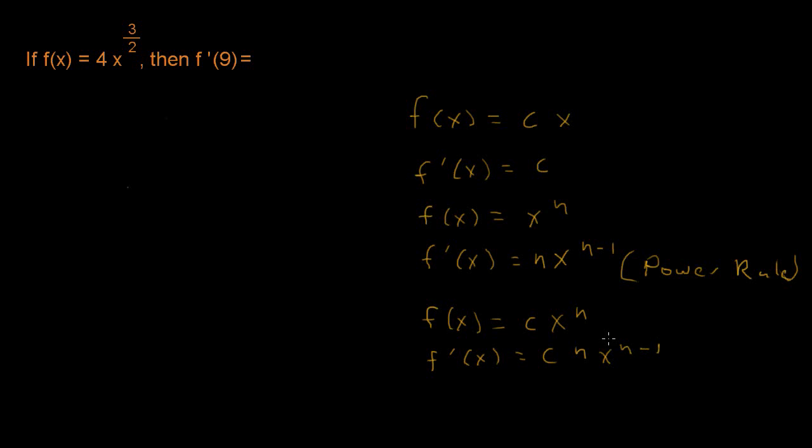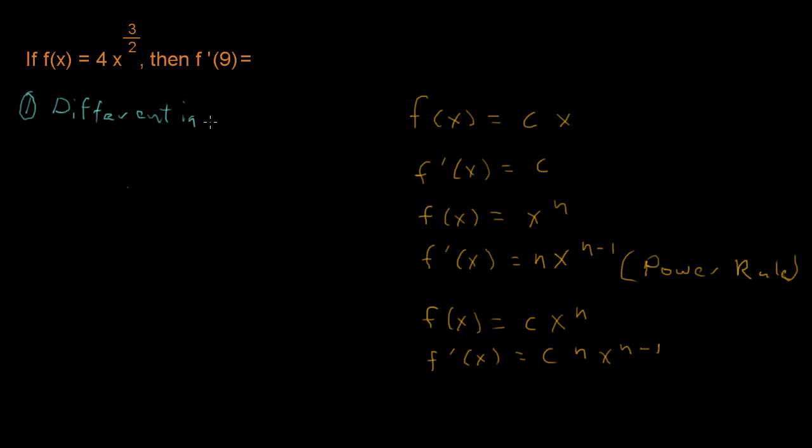And if you look back at our problem, that's essentially the differentiation that we need to do here. So what is our first step? Step number 1 is to just go ahead and differentiate. So let's do that.